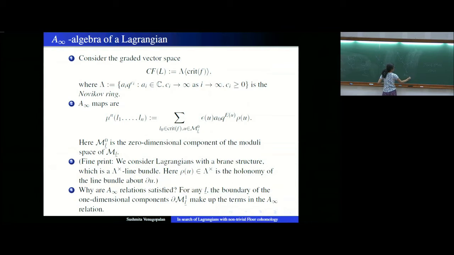So in the Morse case, we saw that the breaking is a codimension 1 phenomenon. What happens is, if you consider a one-dimensional moduli space, its endpoint will have this kind of configuration. And if you count all such codimension 1 configurations for a one-dimensional moduli space, you precisely end up getting the A infinity relation.